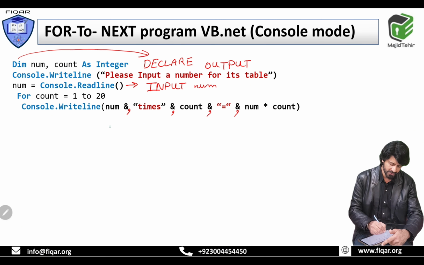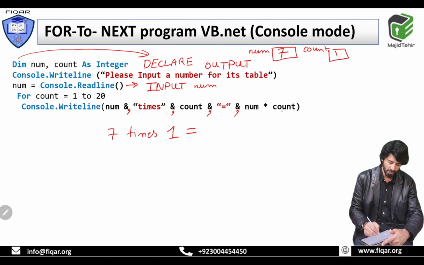So if num has the value, for example, the user has input 7 in it, and count has initially, let's suppose, 1 in it. So it's going to display 7 times count, initially 1, equals, displayed as it is because it's in the speech marks, num into count, 7 into 1 is 7.